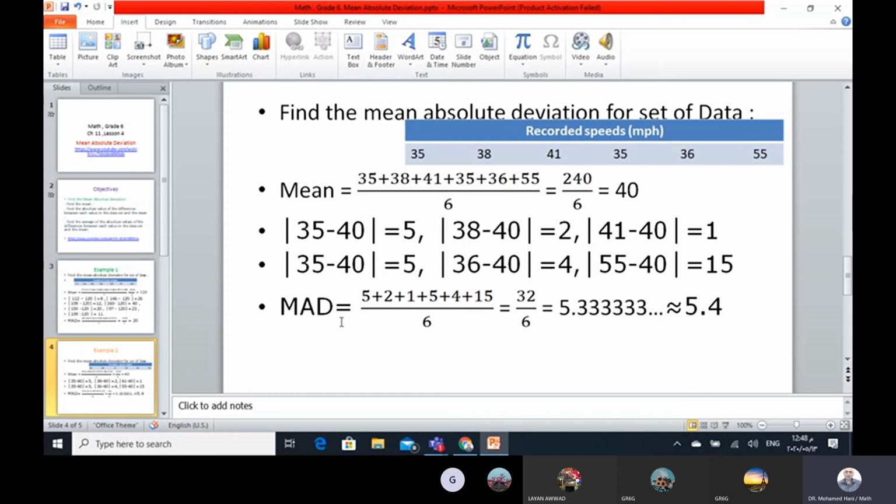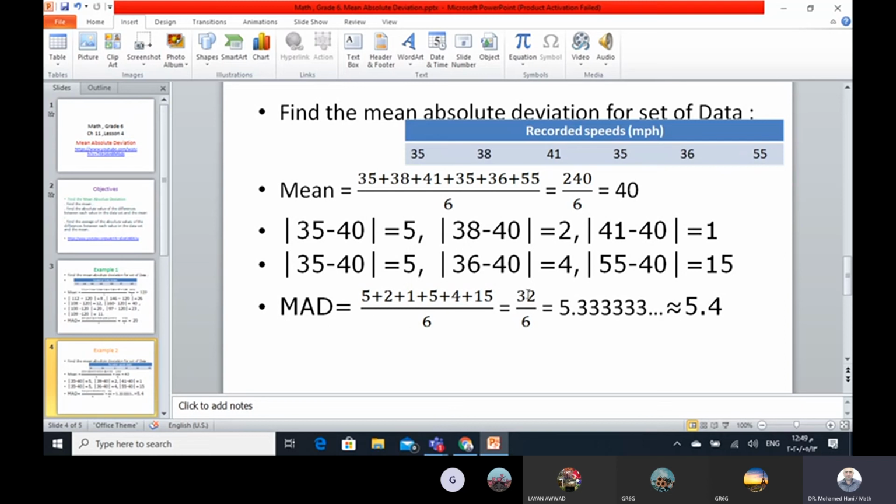What's the meaning of MAD? Mean absolute deviation. When you want to find MAD, find the average, the mean of the numbers that are the differences between each value and the mean. So I can write 5 plus 2 plus 1 plus 5 plus 4 plus 15 divided by 6 numbers.